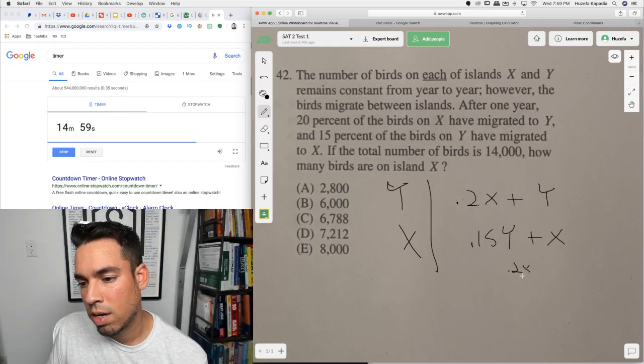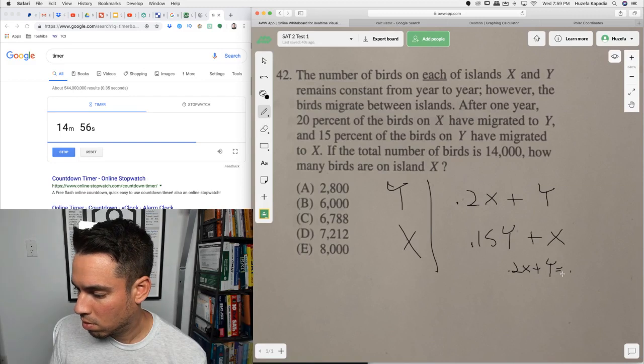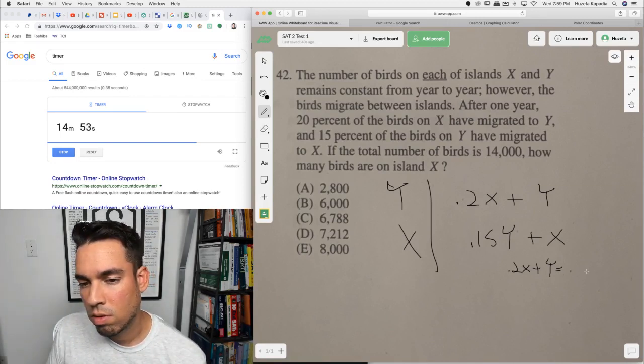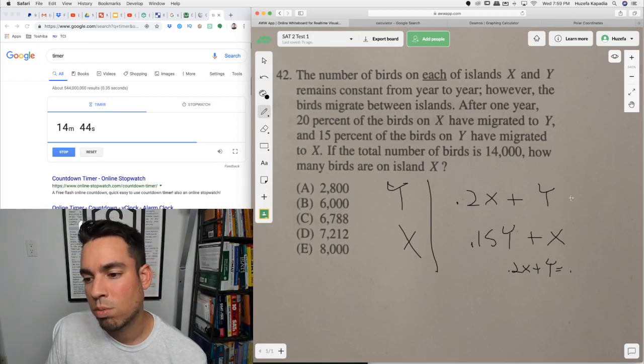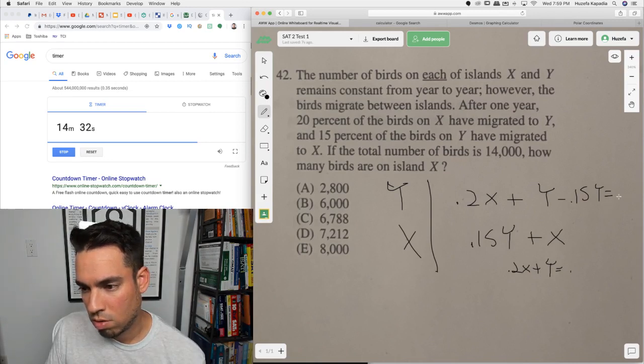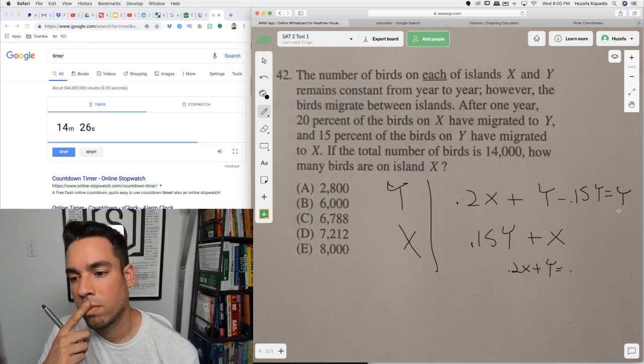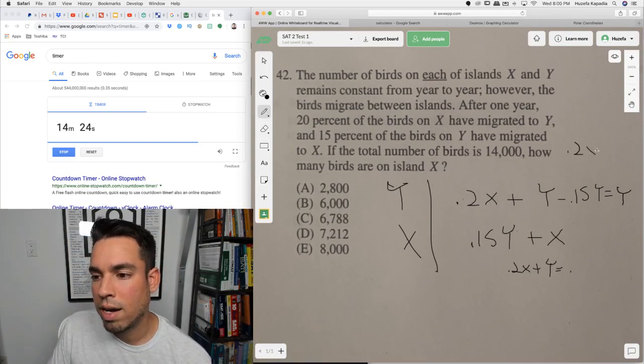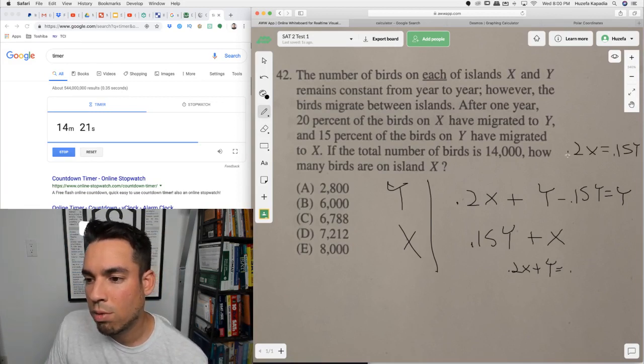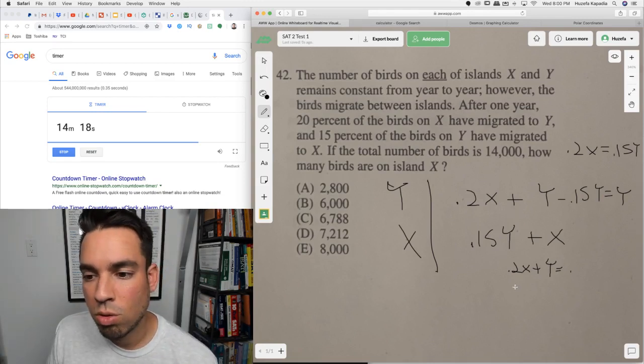So the numbers remain, so it's like 0.2x plus y minus 0.15y equals y. Oh, I see. So then 0.2x equals 0.15y. That's how we can do the substitution.